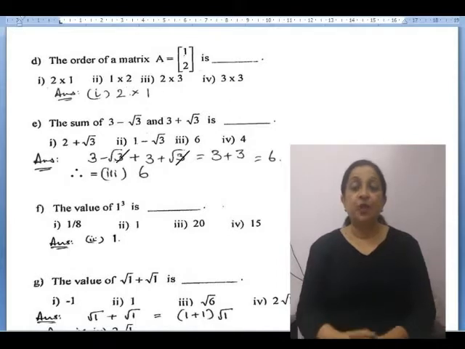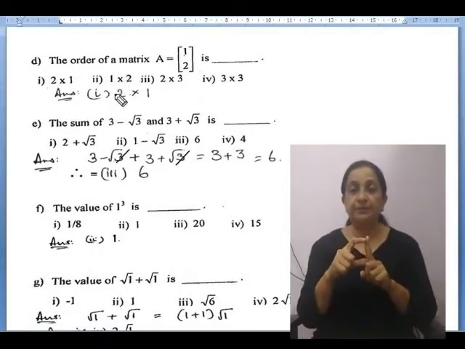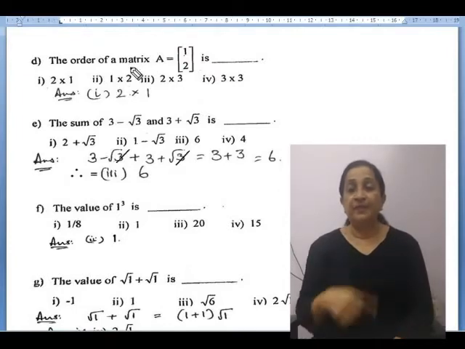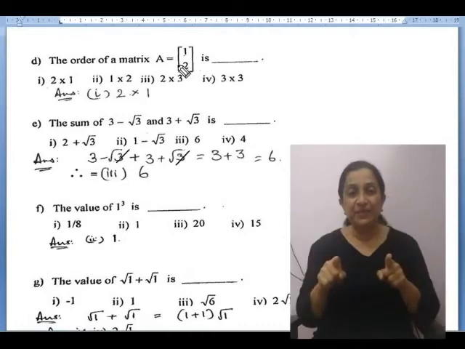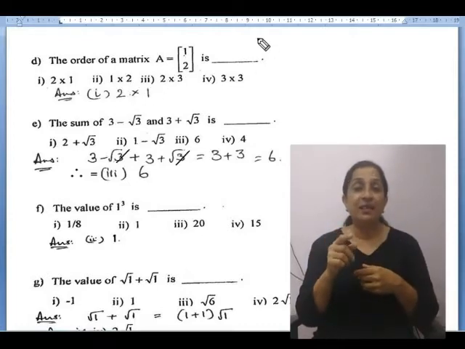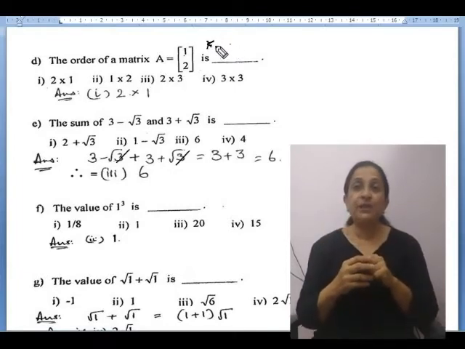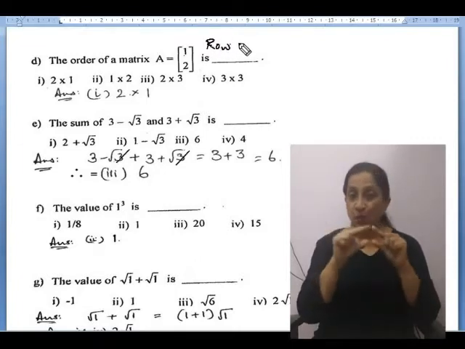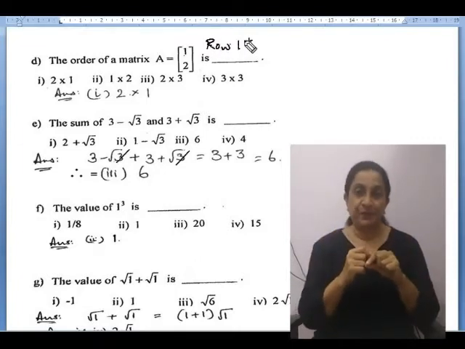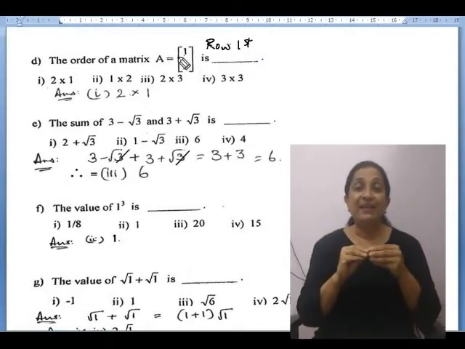D. What is the order of the matrix A? Obviously here always look at the rows first. Okay, rows first. So how many rows are there?